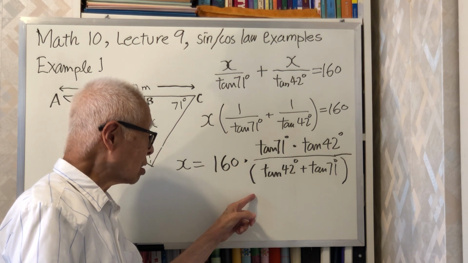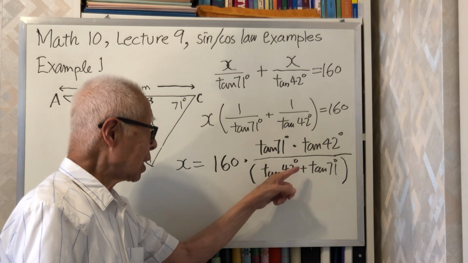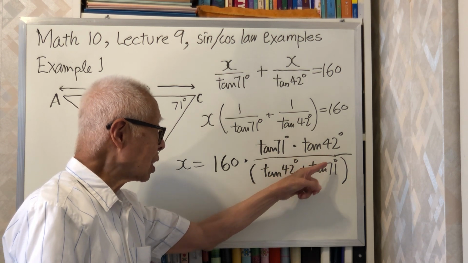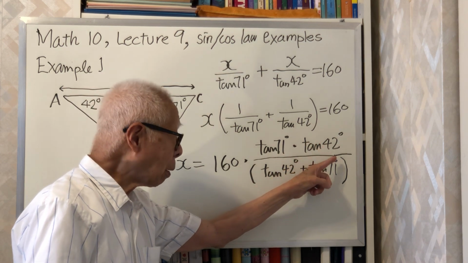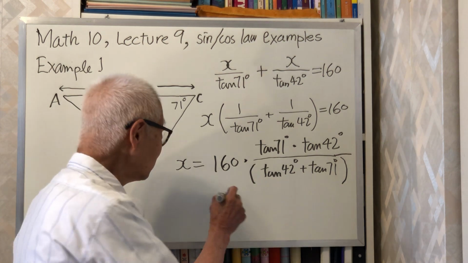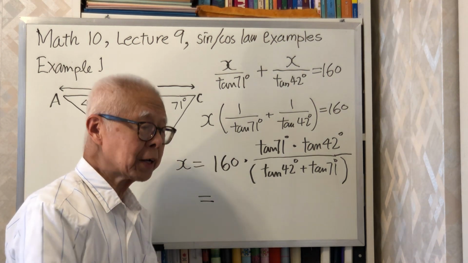Enter a bracket, tangent 42 degrees, plus tangent 71 degrees, and close the bracket. Then press the equal sign. You get x right away.